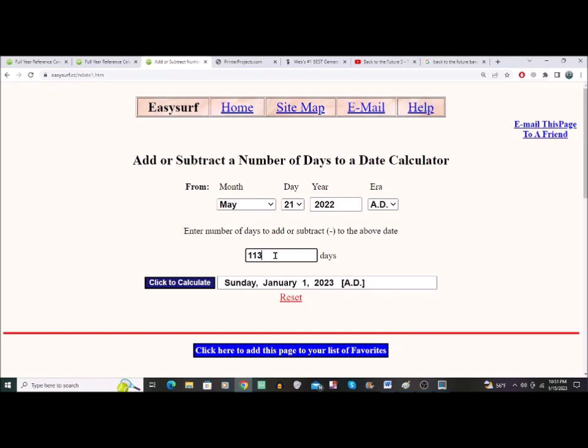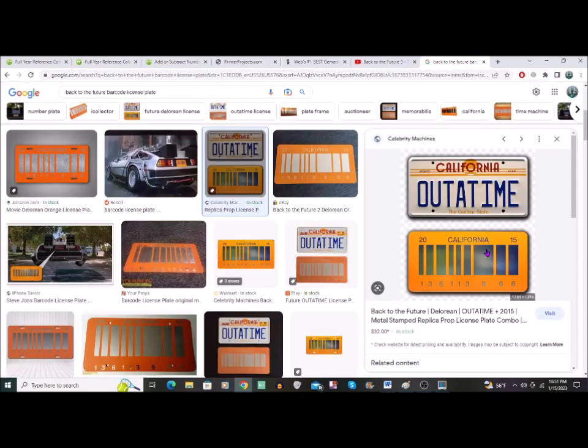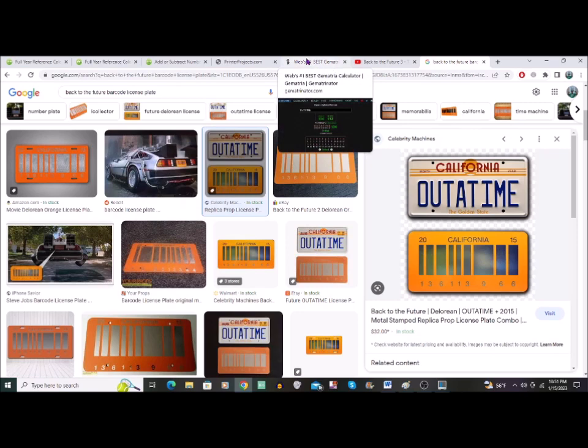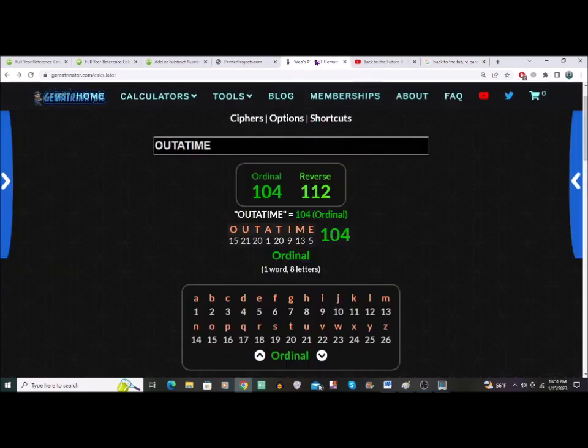That important number in the middle there, the September the 11th from this point, we're going forwards. That's on our first number plate that we looked at. When we look at the out of time number plate, the one at the beginning of Back to the Future, and we put it in the Gematrinator, we've got 112 in reverse.